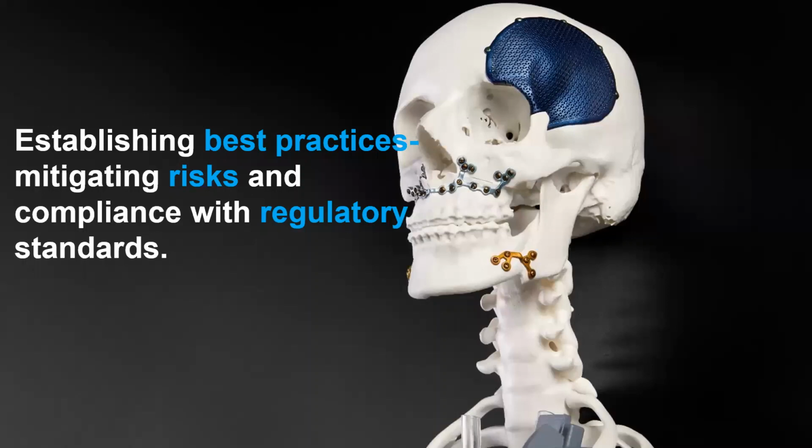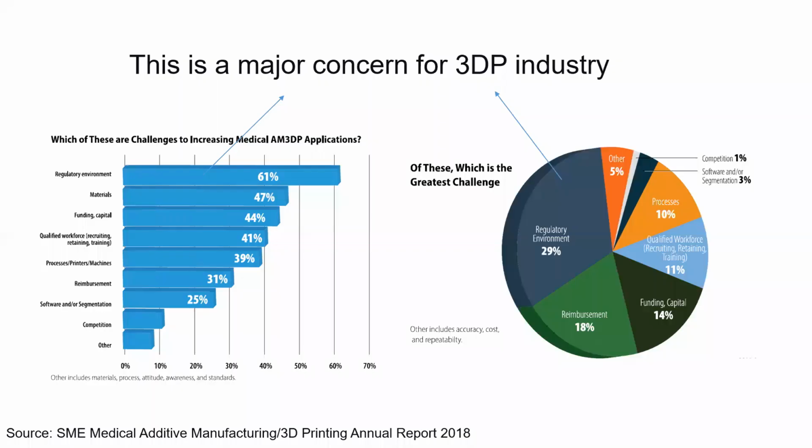So from a Materialise perspective, we see the need for best practices to be established, mitigating risk and complying with latest regulatory standards. I cannot stress the importance of how seriously you must take this. I thought it was very interesting, the 2018 SME Medical Additive Manufacturing and 3D Printing Annual Report actually showed 29% of respondents saw regulatory as its greatest challenge, with 61% of respondents acknowledging the regulatory environment is a challenge to their 3D printed applications.